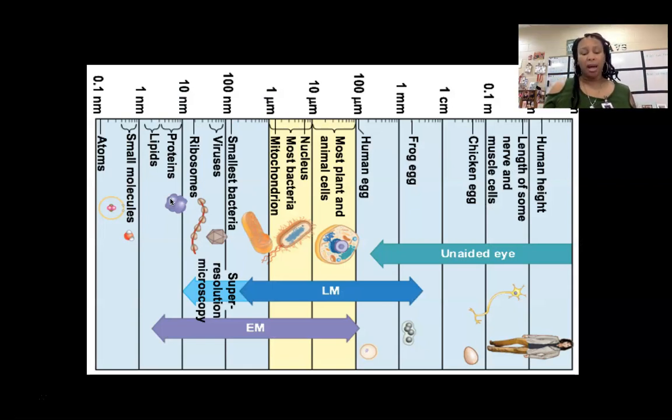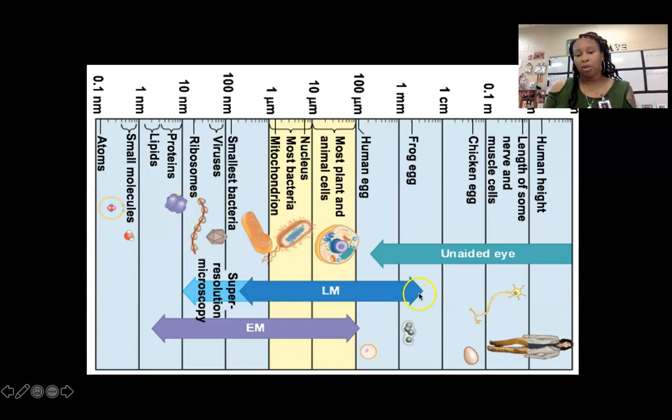So when we think about a cell, we often think about something that is so microscopic that you can only see it with a microscope. But think about a chicken egg. That's a cell, or a frog's egg. So there are certain things that you're able to see with an unaided eye.